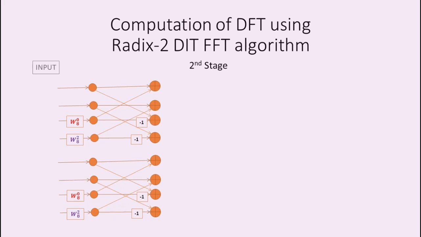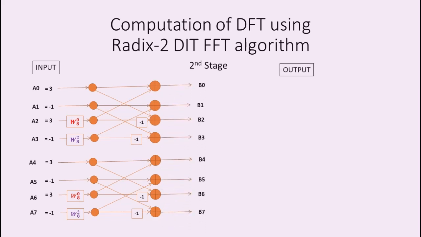For second stage, inputs are A0 to A7, which was calculated in previous stage. From previous stage, we got the value of A0 is equal to 3, A1 is equal to minus 1, and so on. And output of the second stage named as B0, B1, B2, B3 and to B7.